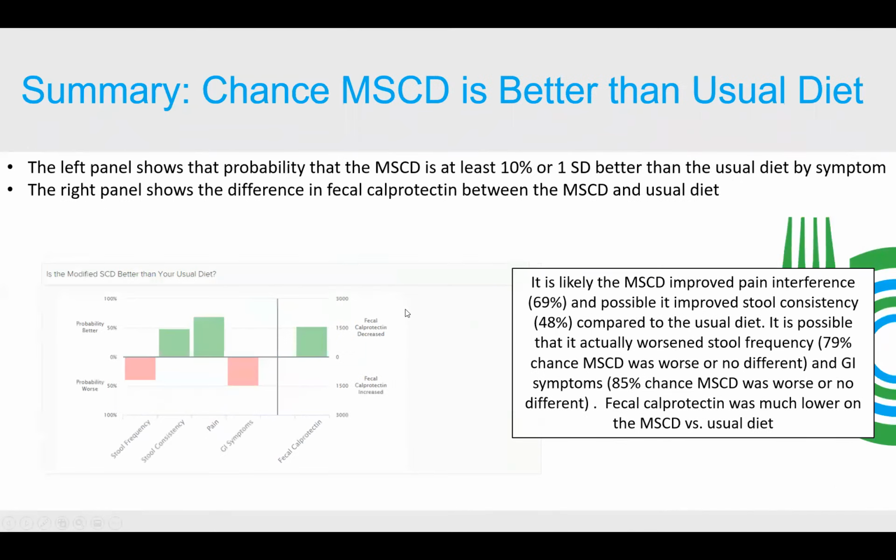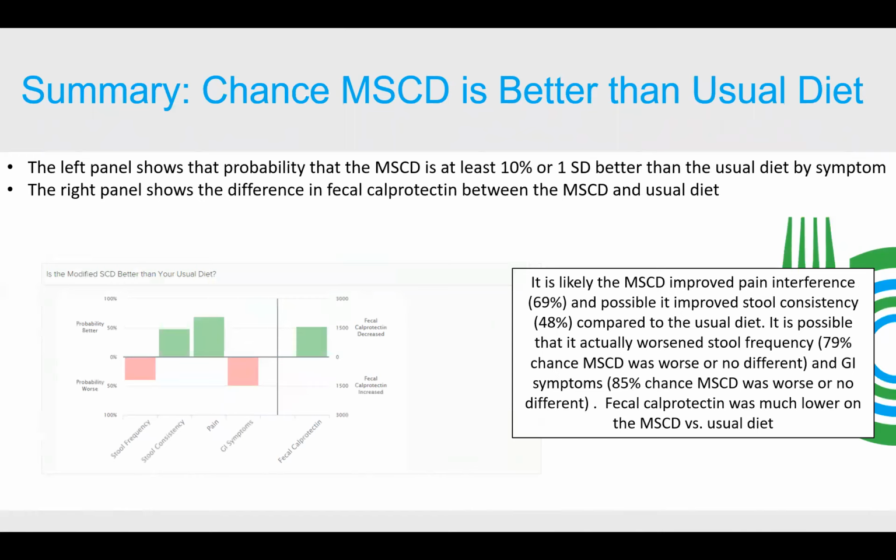Now looking at that final comparison, the chance that the MSCD is better than the usual diet. In this case, we really only have one tall green bar showing that the pain seemed to be better on the MSCD as compared to the usual diet. And then we also have a tall green bar for fecal calprotectin.